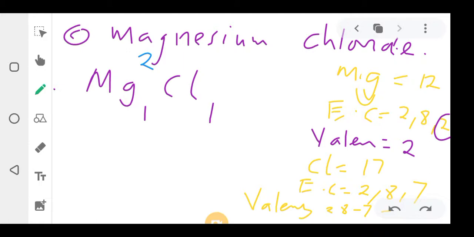I'll write valency here. Because of space, I'll bring this one here. So the valency is 8 minus 7, which is equal to 1.